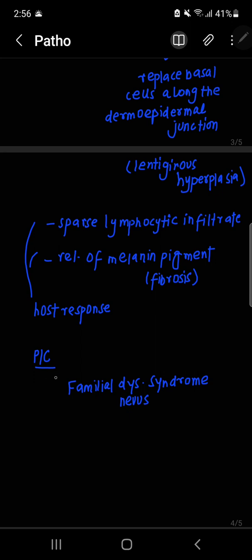The person will present with irregular dysplastic nevi, and that person has an increased risk of melanoma. Sometimes melanomas arise de novo, and sometimes they arise from an existing dysplastic nevus. So a dysplastic nevus syndrome is a precursor for a cancerous lesion.